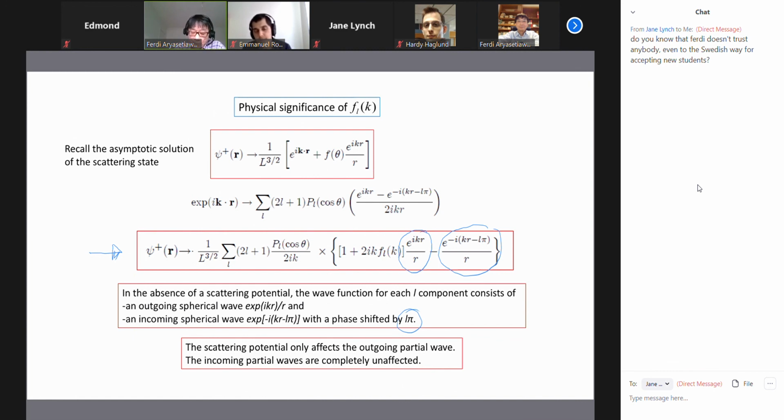So a plane wave, a free particle solution, can be decomposed into two components if we look at it in terms of the angular momentum components. There's one spherical wave which is outgoing. This is the sum of this outgoing spherical wave and an incoming spherical wave, but shifted by this phase L pi for each L component.